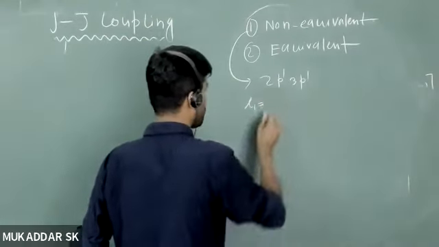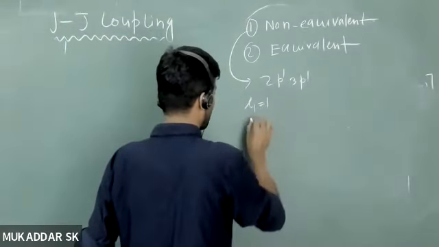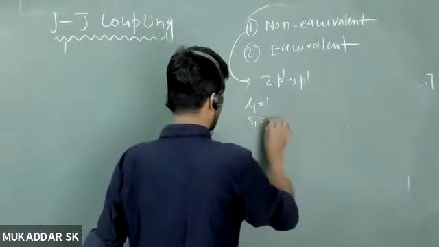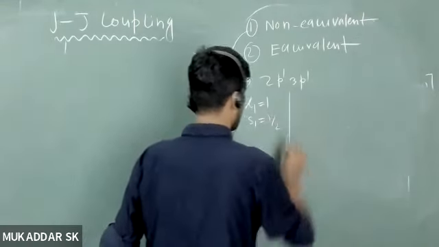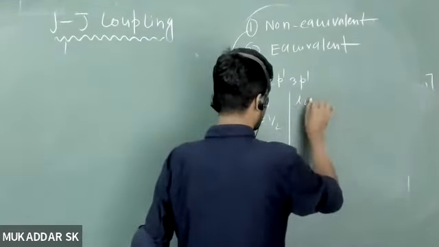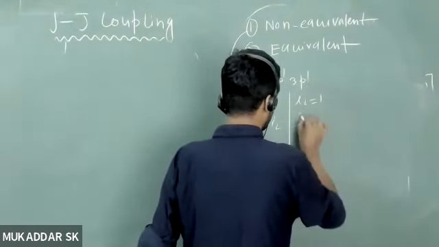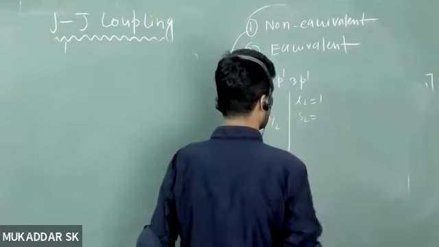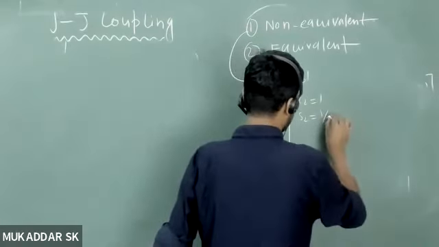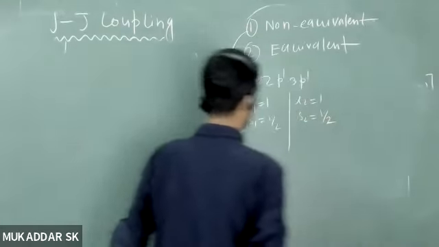Obviously for p it will be L1 equals 1, and the corresponding spin S1 will be half. And for 3p1, L2, its orbital part, will again be 1, and its spin, since this is a single electron, will obviously be half.